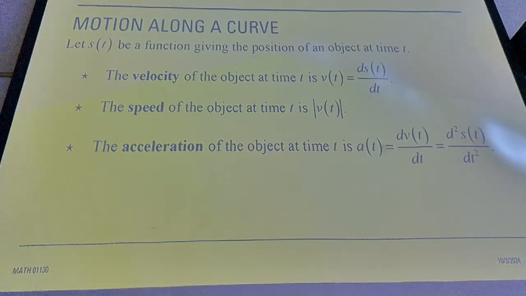Follow-up question. Why is it not P? Because p stands for something else in physics. Right. If I remember correctly, p is momentum. Oh, I took physics. Yeah, I think so.